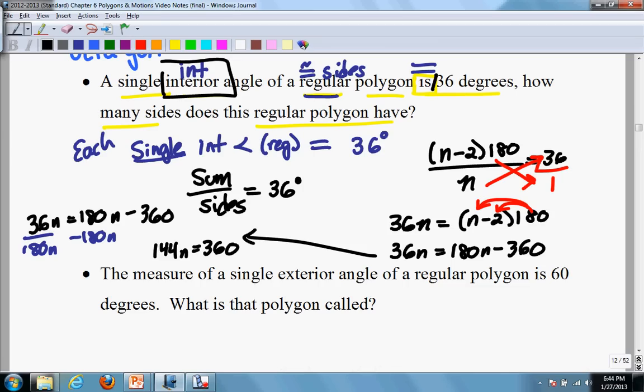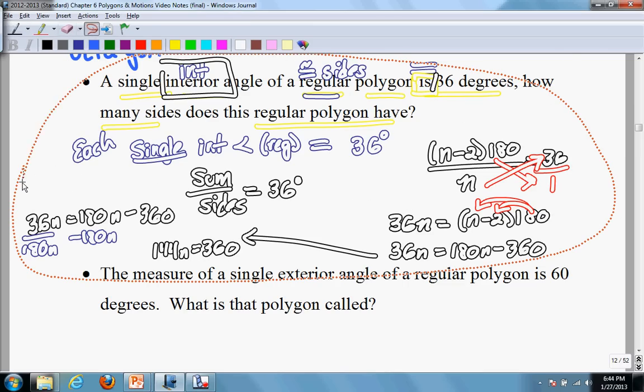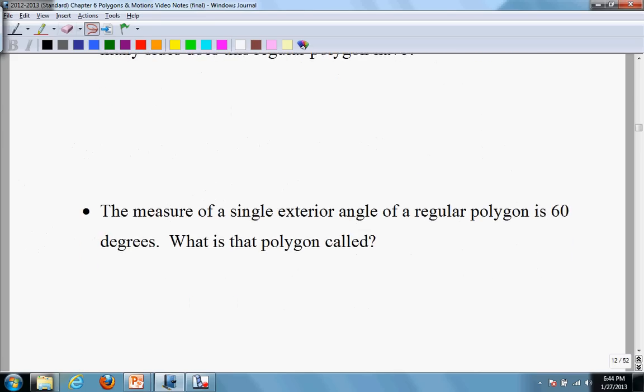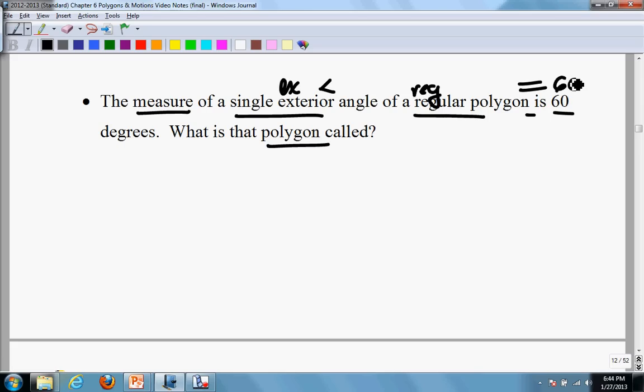It says, the measure of a single exterior angle of a regular polygon is 60 degrees. What is that polygon called? So keep in mind we have an exterior angle and it's regular, and is 60 degrees. We're being asked to figure out what this polygon is called, which means we're ultimately looking for n here, which is the number of sides. So we want to write each exterior angle equals 60.